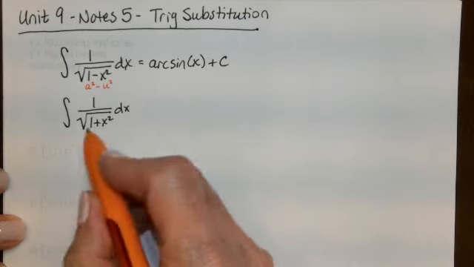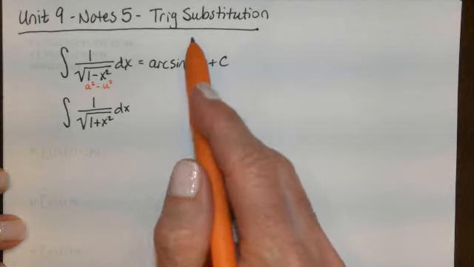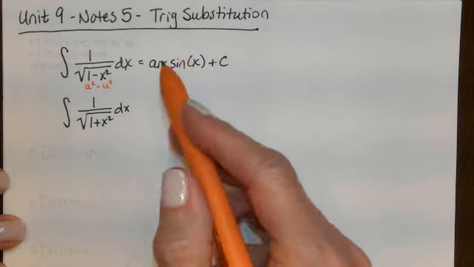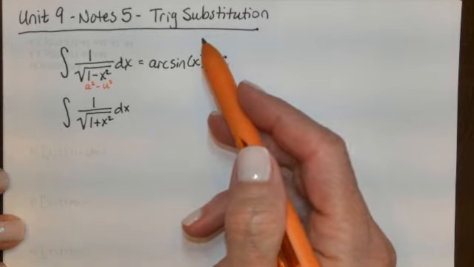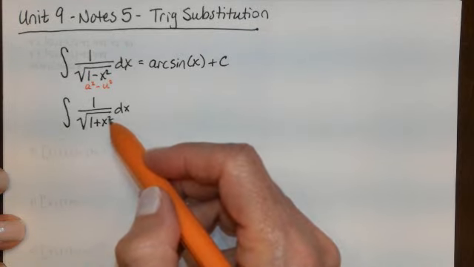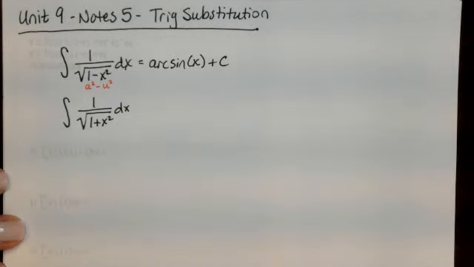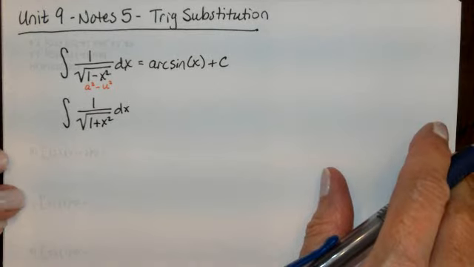This is a great candidate for what we call trig sub, right? It's quite a bit like u sub, except we are going to be substituting in a trig expression for something in here. So here is how you do trig sub. First of all, it's a case of recognizing when you can use trig sub.